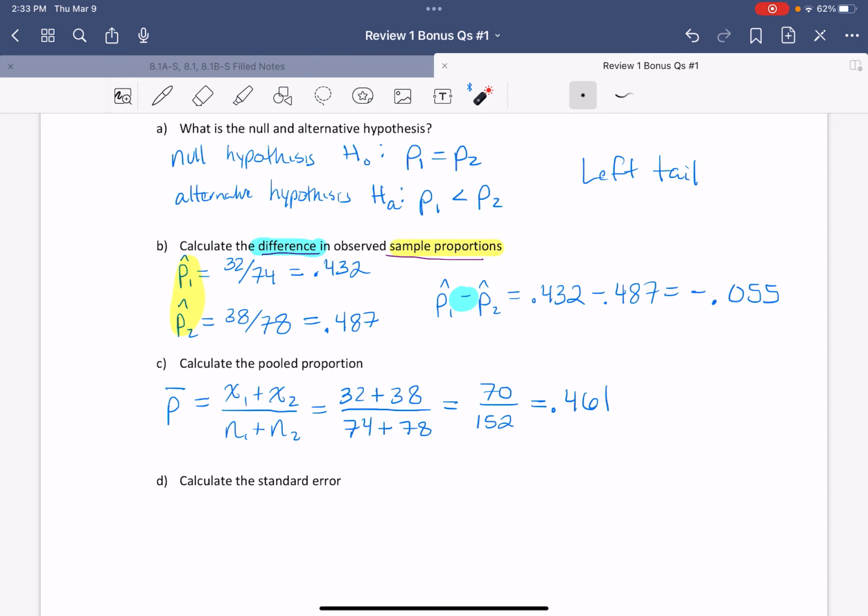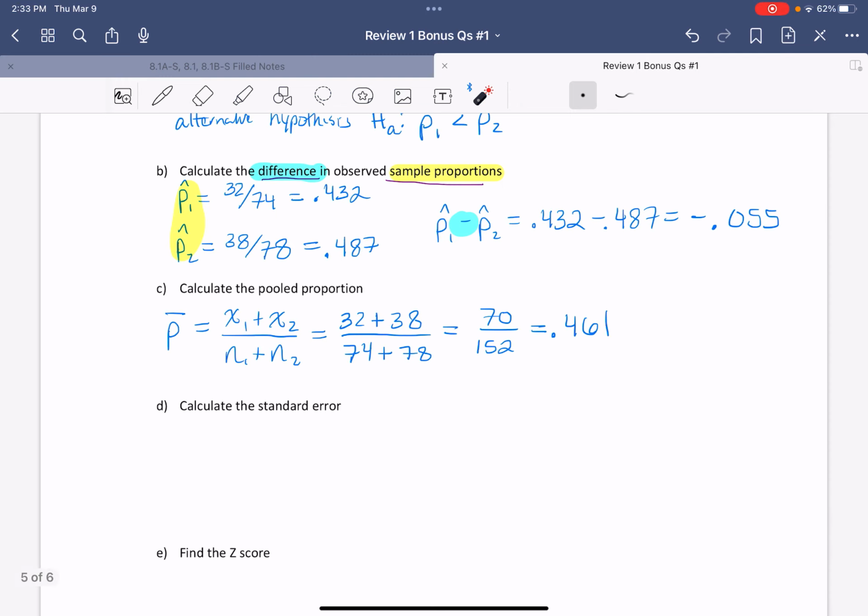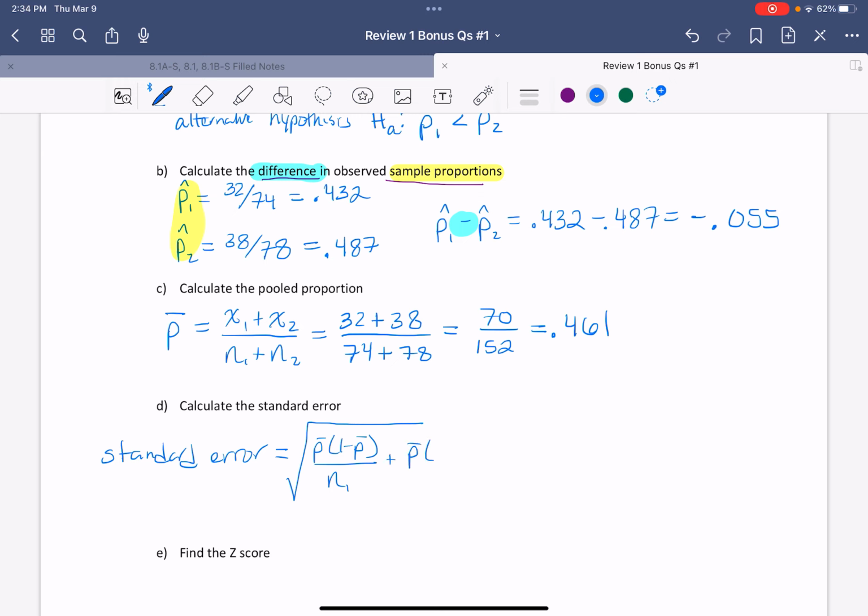Okay, next part D, let's find the standard error, which again, from your formula sheet, we are working with two populations from the hypothesis testing. So that means we need to use the standard error on the unit 7 side. Do not use the standard error on the unit 6 side. They are different. So standard error equals the square root of P bar times 1 minus P bar all over n sub 1 plus P bar times 1 minus P bar all over n sub 2.